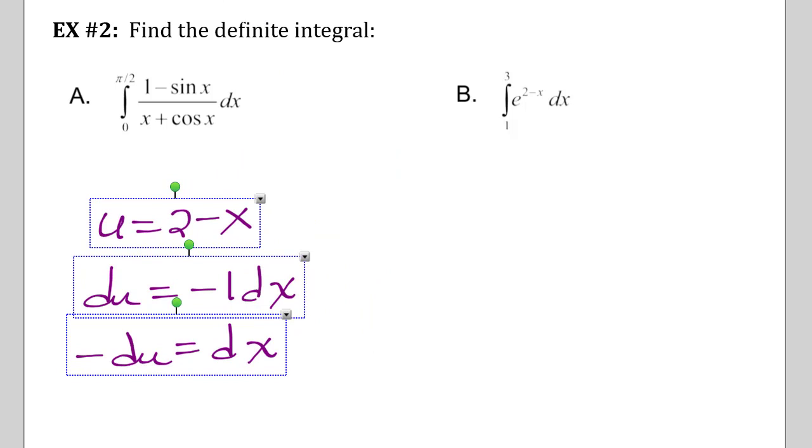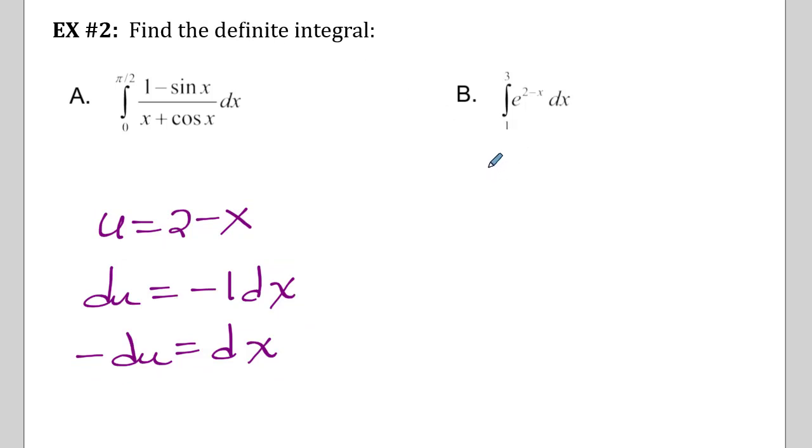And so we get that this is equal to the integral of e to the u du, if we put the negative on the outside of our integral. All right, we can look at changing our limits.